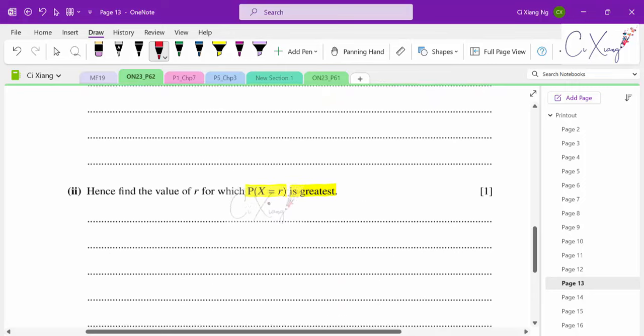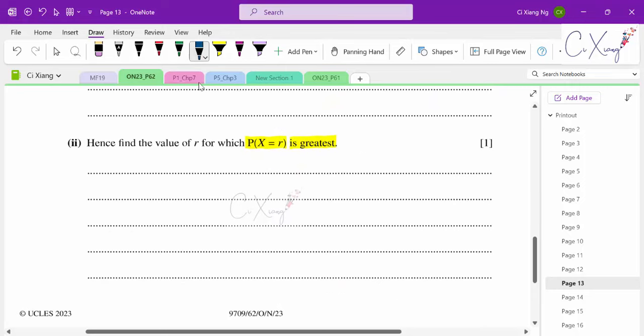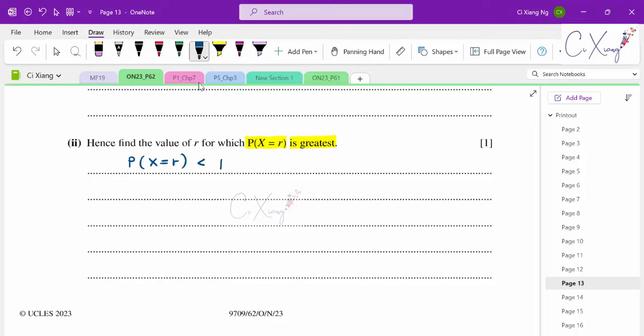So let's have a look at part B. From part B, they have told us that P(X = r) is smaller than the probability of X = r plus 1. Because I know that my r can have two values, r equals 0 or r equals 1.